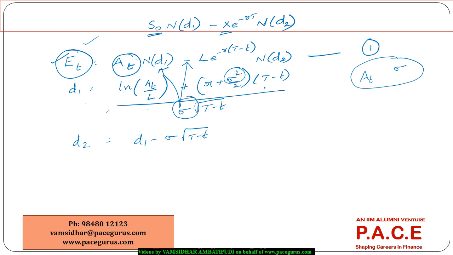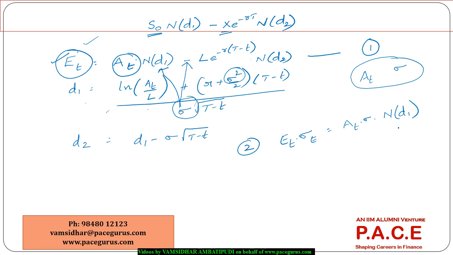So this is where we look for the second equation, wherein we have another relation which we use. The value of the equity times the volatility of the equity is the same as the value of the asset times the volatility of the asset multiplied by N(d1).